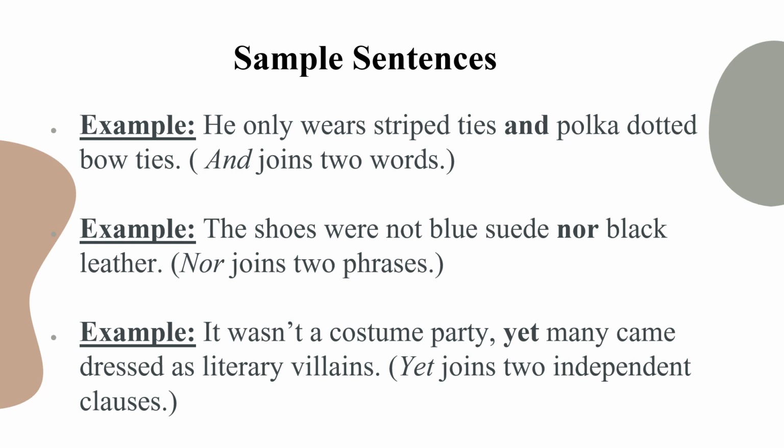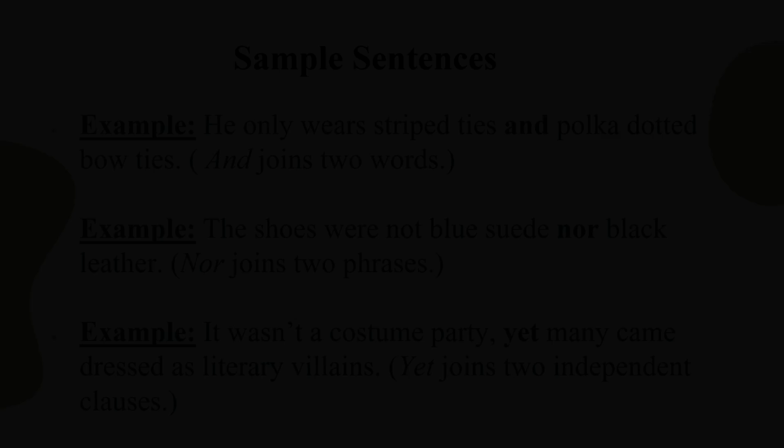Next example, "The shoes were not blue suede nor black leather." Nor joins two phrases. Next example, "It wasn't a costume party, yet many came dressed as literary villains." Yet joins two independent clauses.